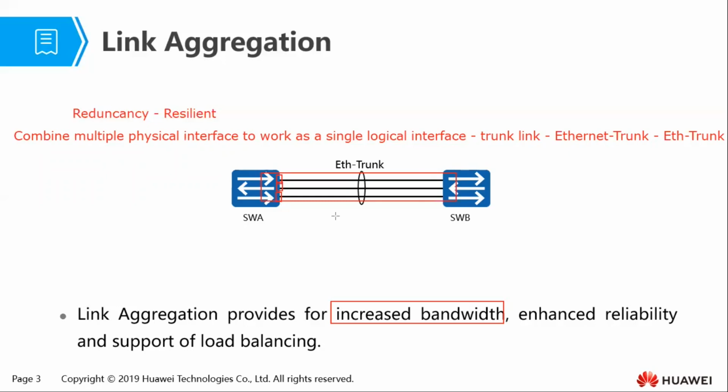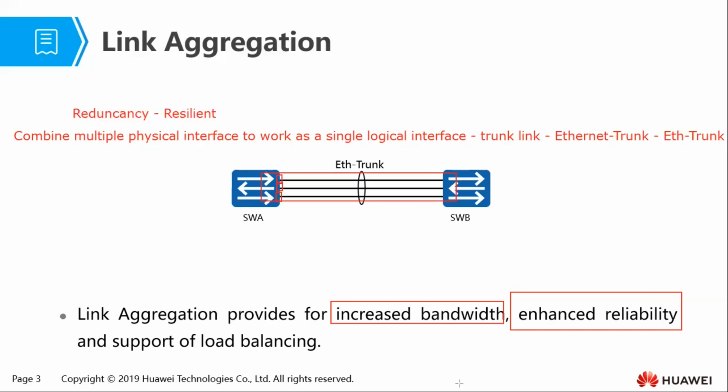So you see, when they are combined, they offer increased bandwidth. The next one is they help enhance reliability. That is, if one link goes down, the others will still be forwarding data. So no users are going to be isolated on the network.